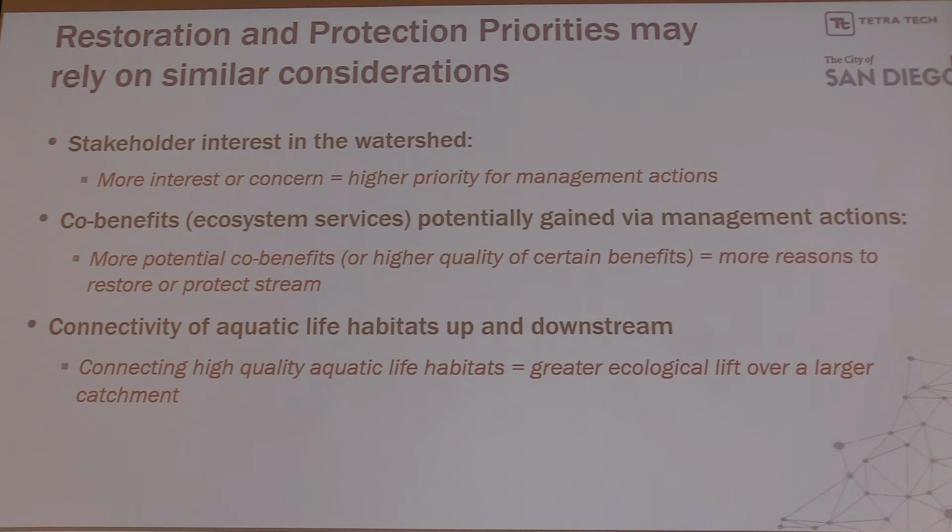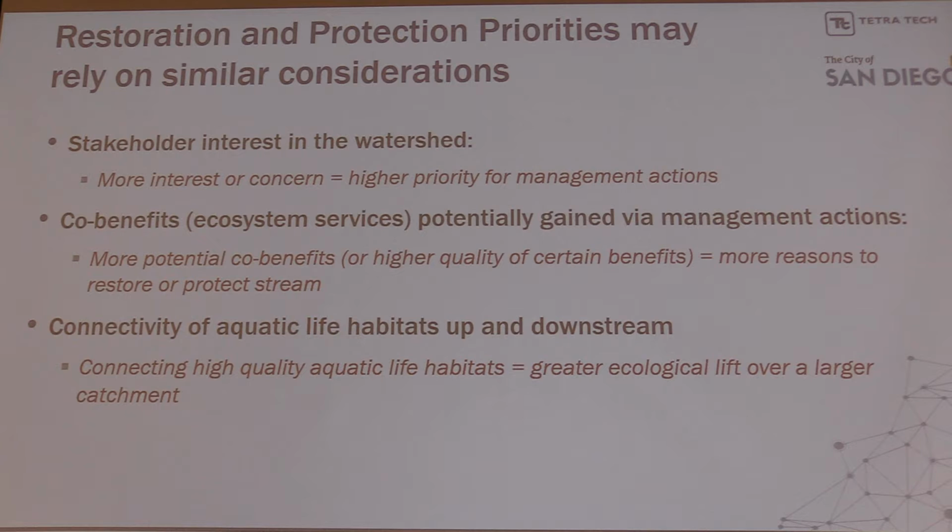But we think there are also some similarities, and some factors are really in common. For example, if there's a lot of stakeholder interest in the site, whether it's impaired or not, it may still be a good reason to invest resources, either to protect it if it's good enough or to restore it.